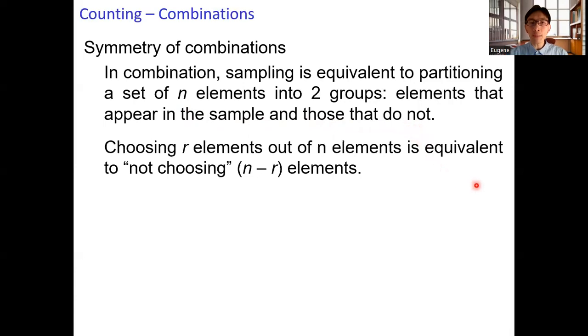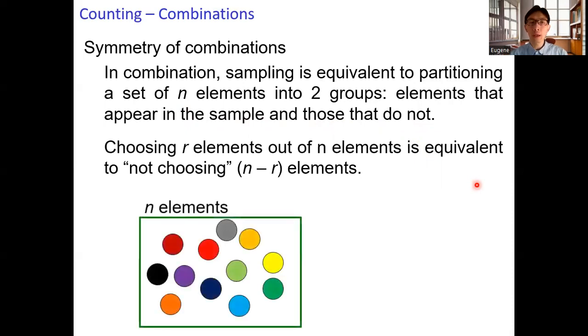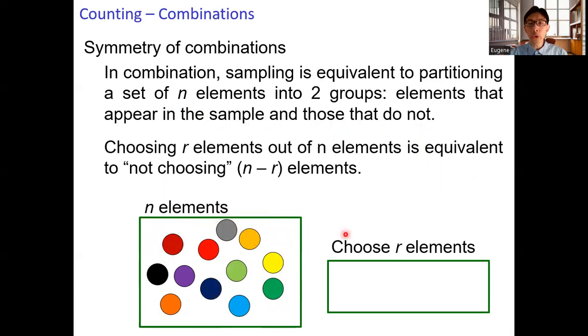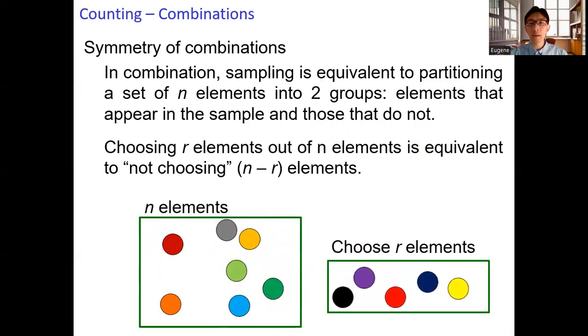So choosing r elements out of n elements is equivalent to not choosing n minus r elements. So here we have n elements. We choose r of them. And the number of different ways that we can choose is nCr.